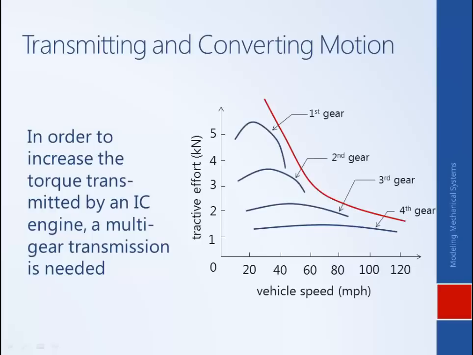So what you do is you use a multiple gear transmission in order to approximate this relationship where you have high traction at low speeds and not necessarily as much torque at high speeds. It's interesting to note that with an electric motor, you don't necessarily need a transmission like this. You can achieve performance like that indicated by the red line just by the way that the motor is controlled.